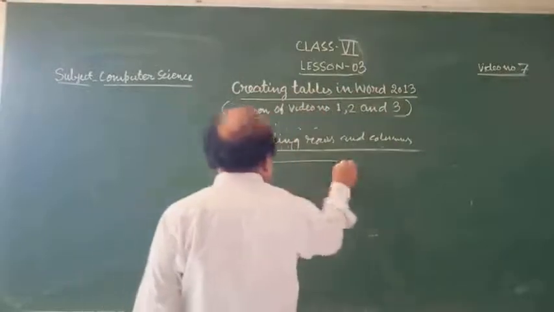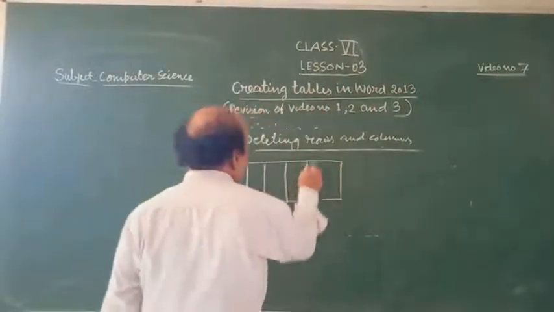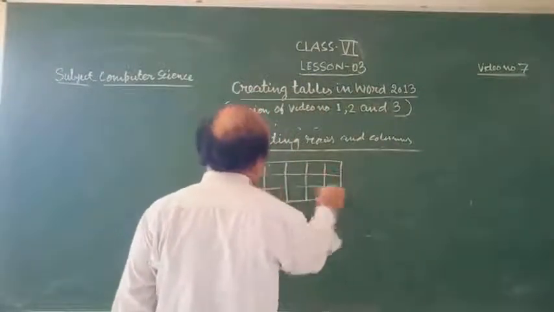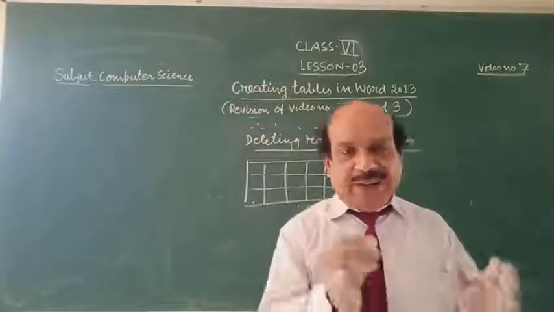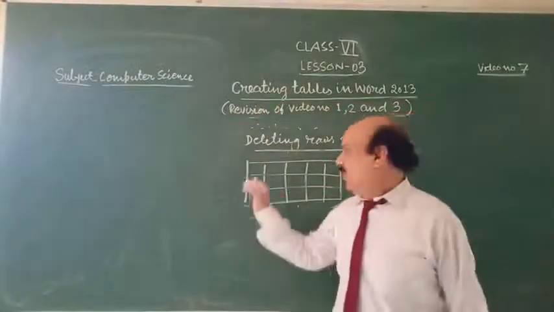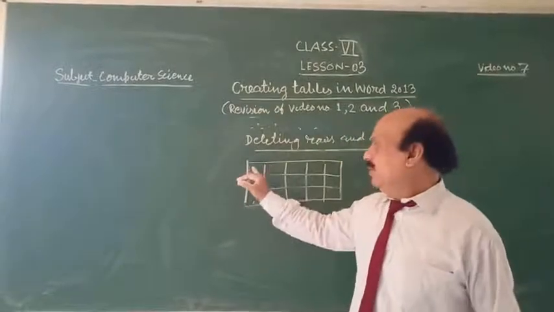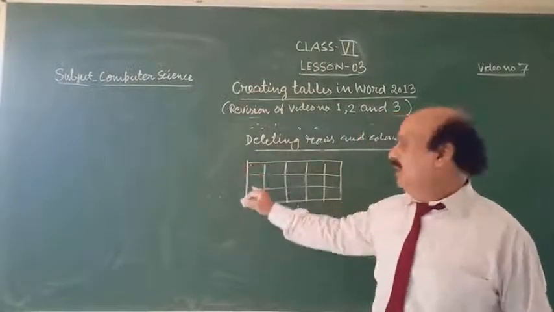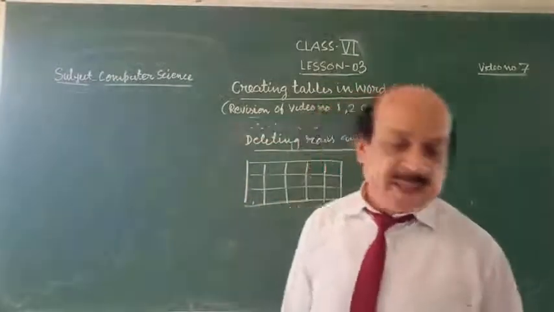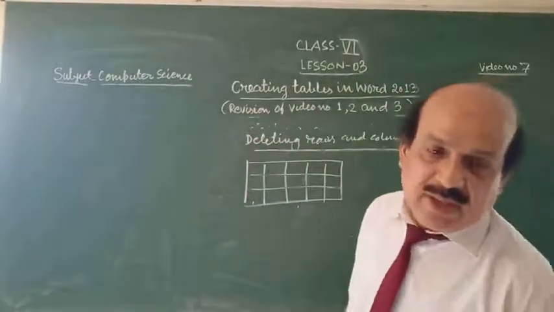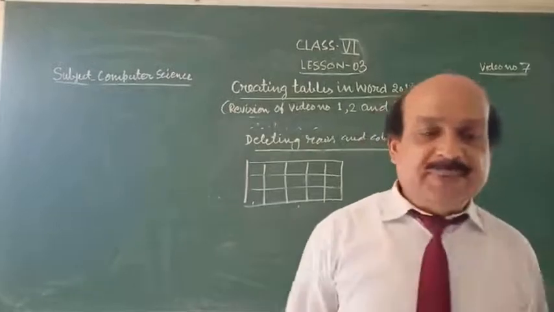In the table, you first select which row and which column has to be deleted, according to your need. If you want to select the rows or the columns, you can select them for deleting.